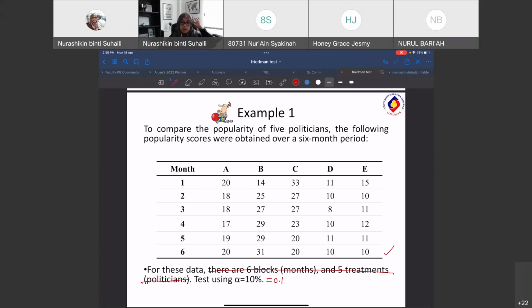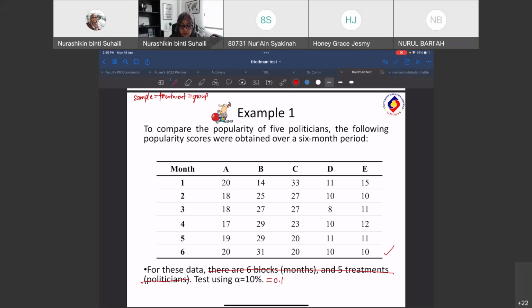So how are you going to know which one is treatment, which one is block? Okay, so you go back to the question. So normally, when we talk about samples, the first thing, I mentioned just now, sample is always equal to treatment, isn't it? Or group. Meaning that represents the whole data that we want to compare. So here, obviously, the first sentence, to compare the popularity of 5 politicians.